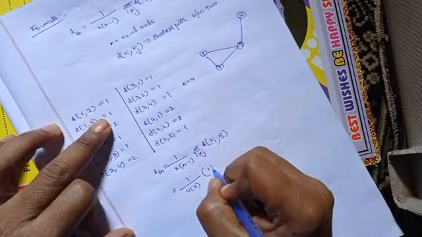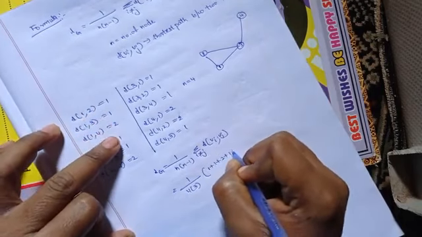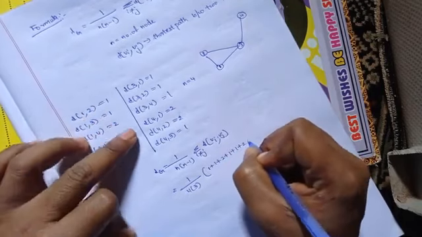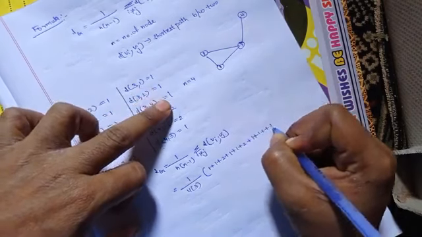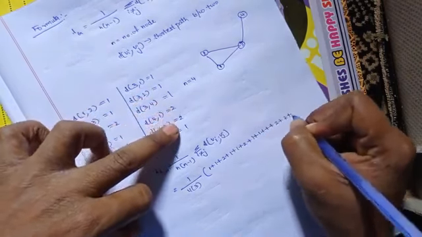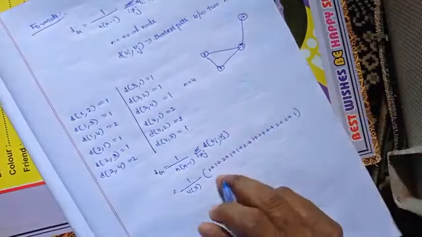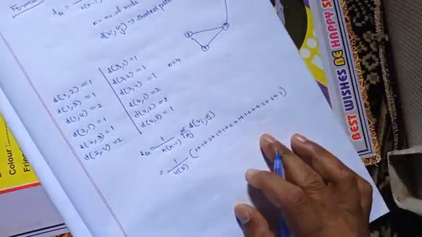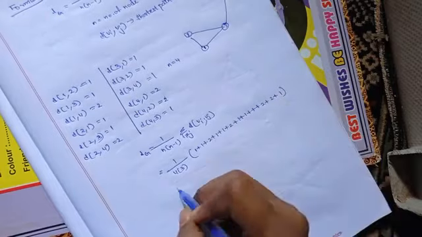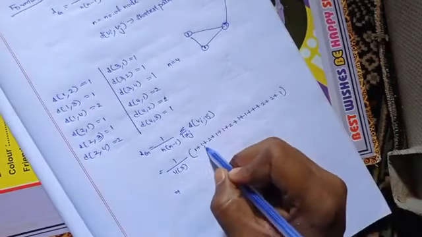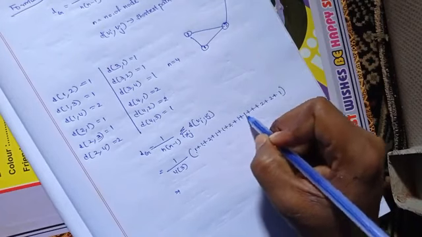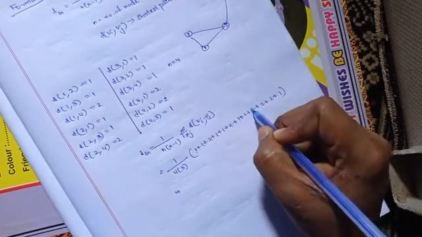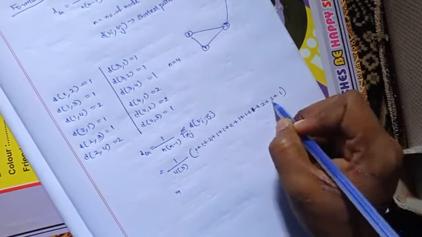So 1 plus 1 plus 2 plus 1 plus 1 plus 2 plus 1 plus 1 plus 1 plus 2 plus 2 plus 1. This is how we should calculate the average path length. So let us calculate it. 1 plus 1 is 2, 4, 5, 6, 7, 8, 9, 10, 11, 12, 13, 14, 15, 16.